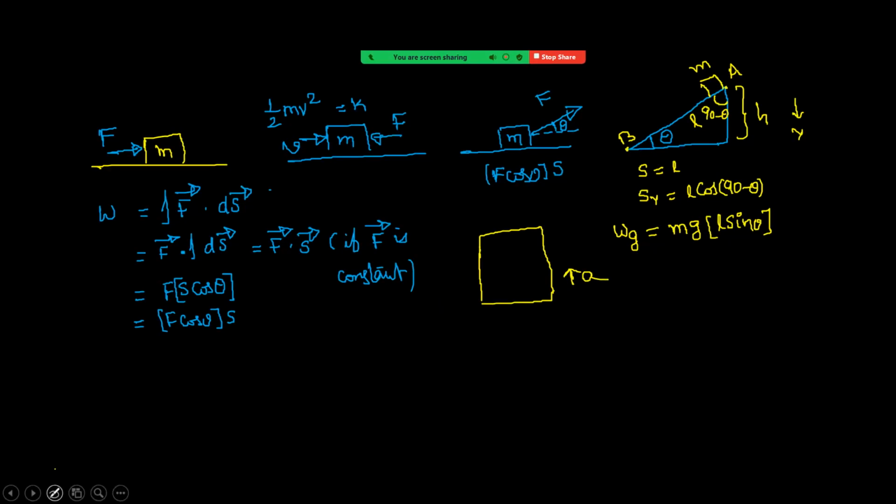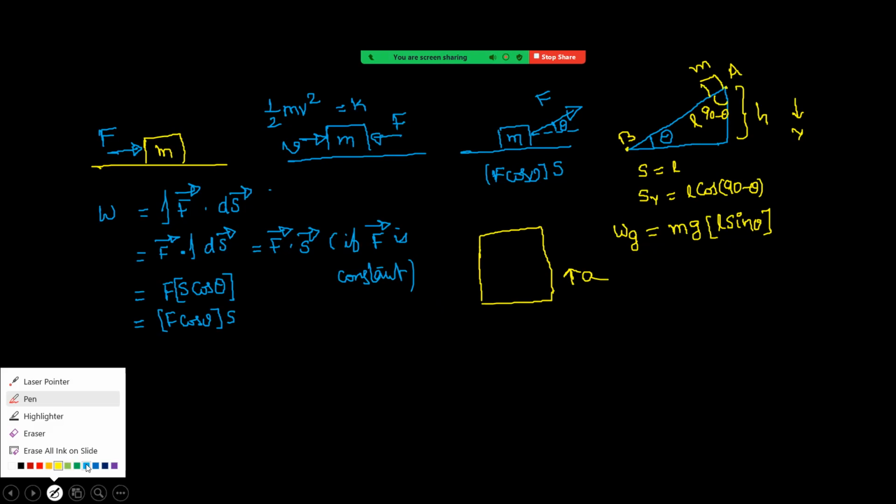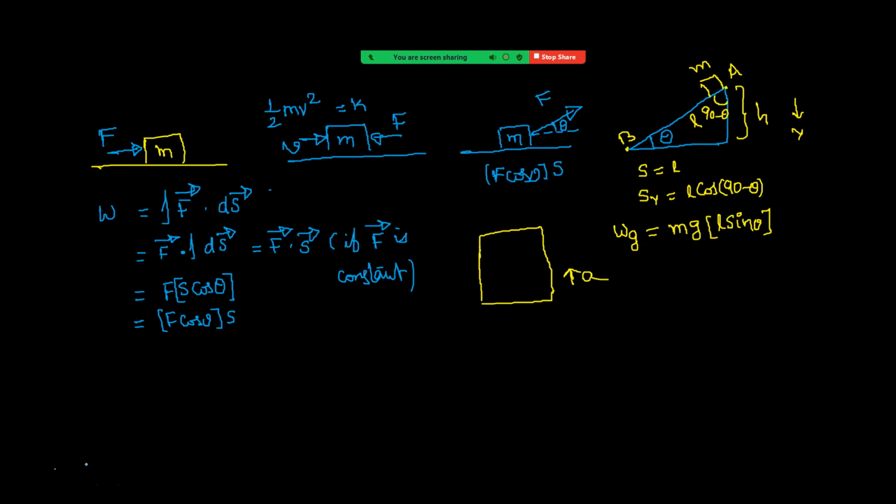Consider a block attached to the ceiling of the lift, and the mass is m, right? Suppose we want to calculate the tension in the string. Then see how much we get.